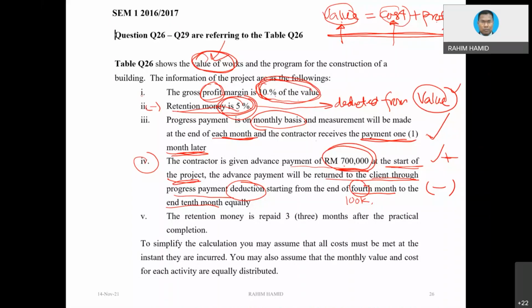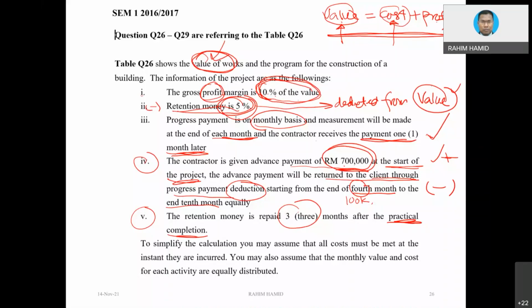Okay, then the retention money is repaid in 3 months after practical completion. In this particular situation, just as an example, the client is basically very nice. After the project is completed, at practical completion, then after 3 months, the retention money that the client basically holds is going to be released.